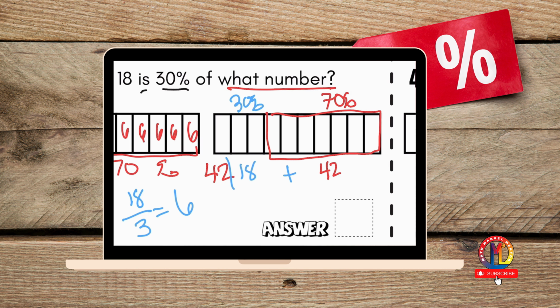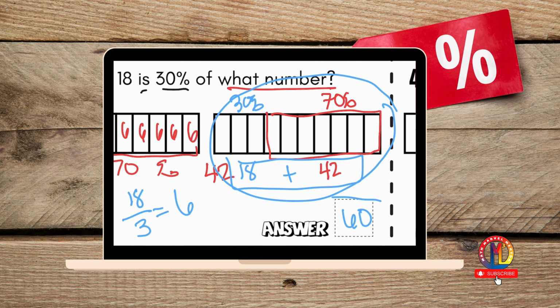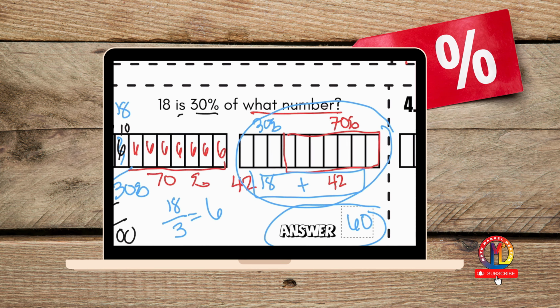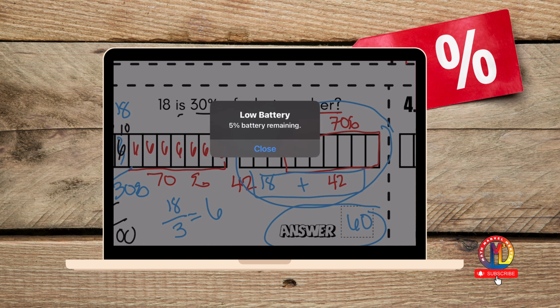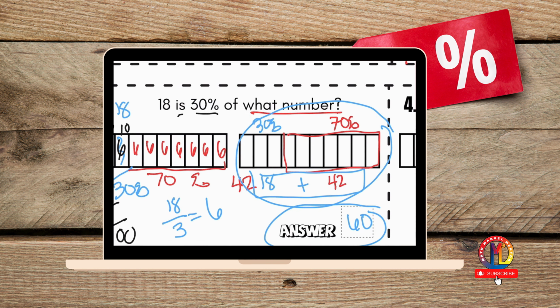And so if I want to know what 30% of what number, it's this whole amount, I can add 18 plus 42 and I get 60. So my answer is 60. Okay. So another way to say it is 18 is 30% of 60. So that's our answer, 60.